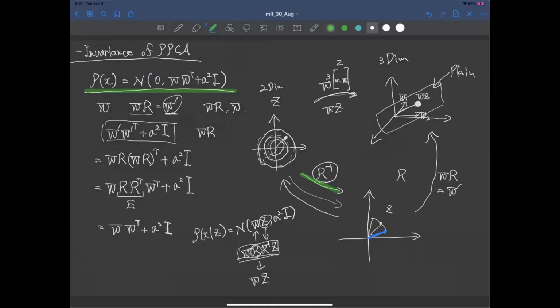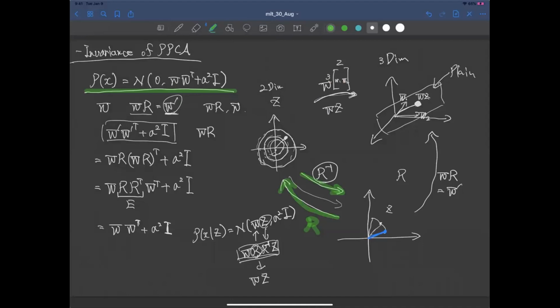Maybe it's a little difficult to imagine the linear transformation, but if you understand the concept of the orthogonal matrix and how it affects probabilistic PCA, then I hope you understand this concept from the linear algebra side.